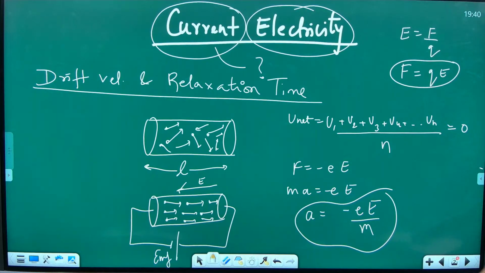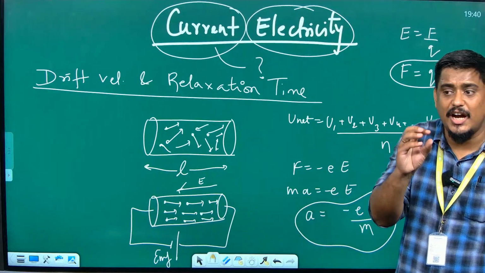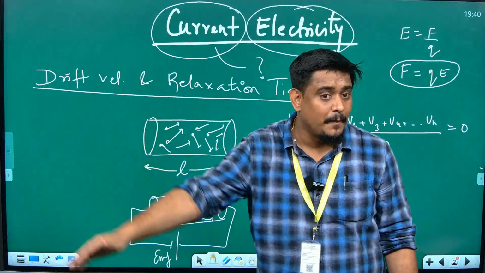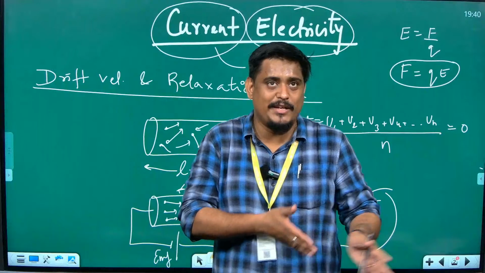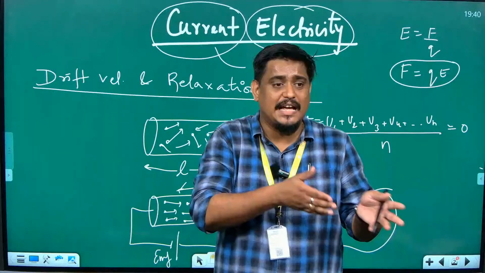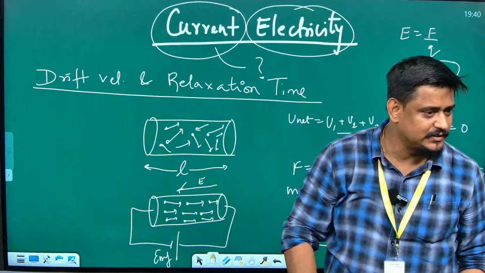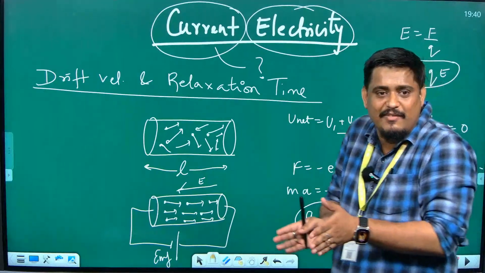What happens when it is accelerated? The moment the charge is accelerated, it will start moving in one direction. But is it alone? It is with so many charges. If there are so many charges around it, it will definitely hit some other charge. It is not like human beings walking in a line where I will not touch people.